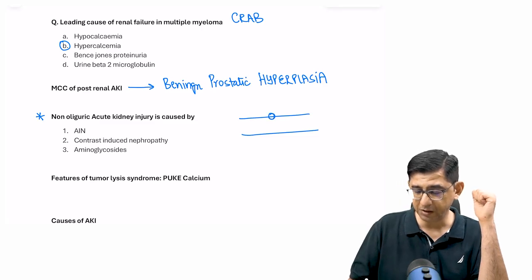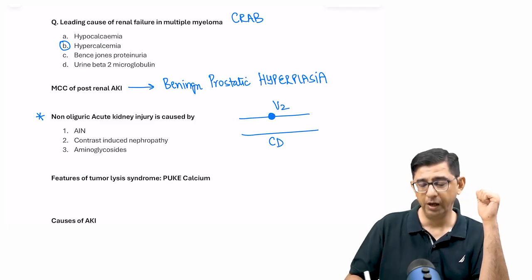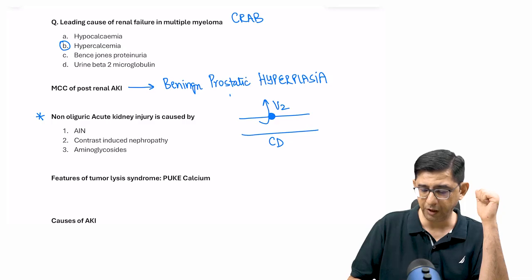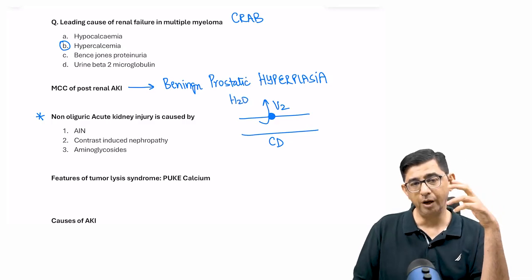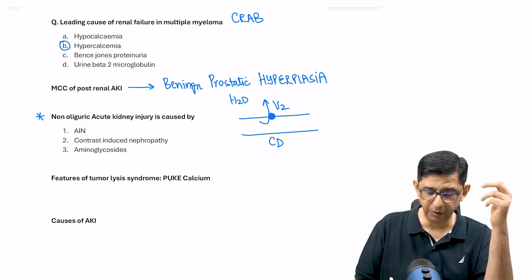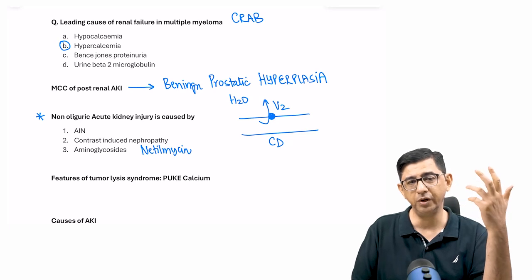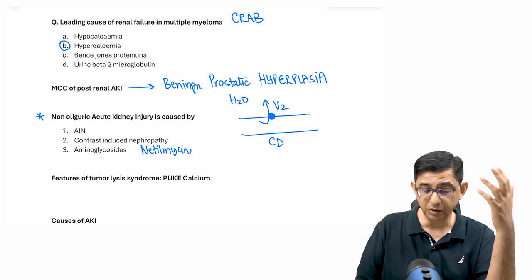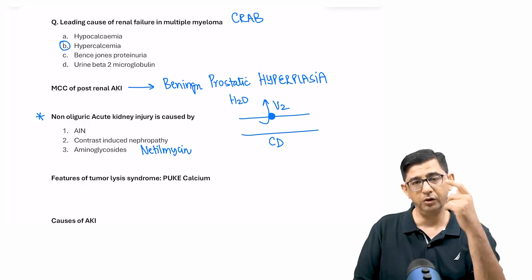But now what I'm saying is that in our collecting duct there are some receptors by the name of V2, and they are responsible for reabsorption of water. If the damage occurs due to agents like aminoglycosides, like gentamicin, for example, or netilmicin, which can cause a substantial amount of kidney damage, and kanamycin, these can cause damage to the V2 receptor.